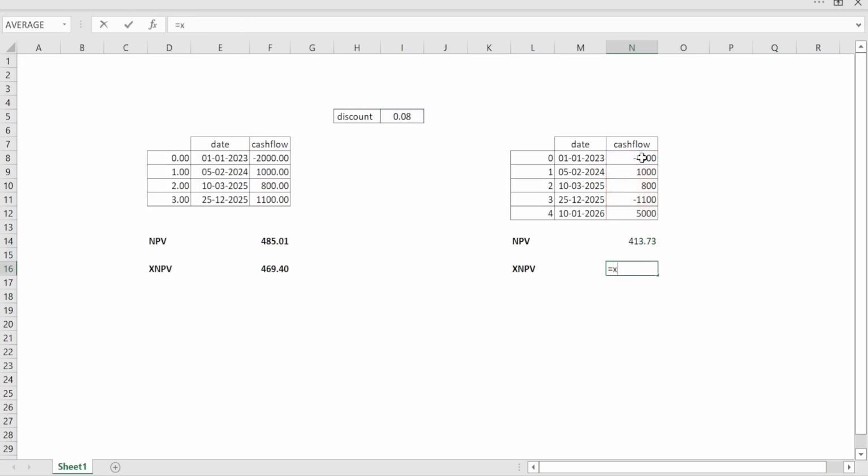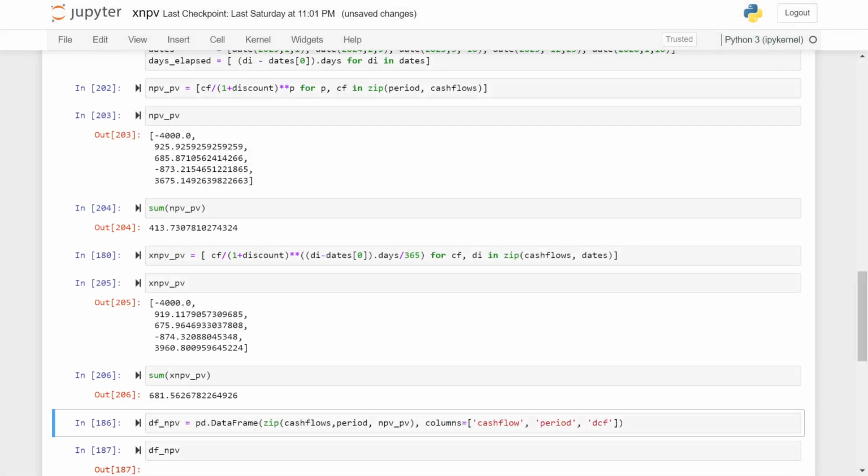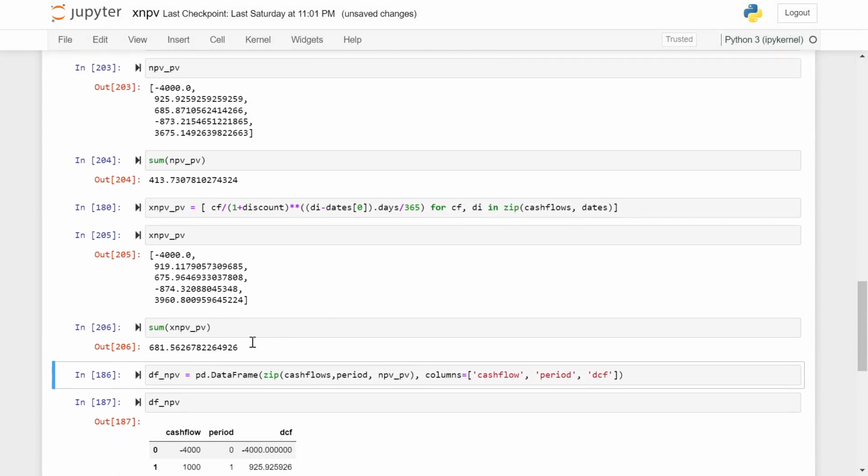Now here XNPV, we'll consider this rate, and then we'll take all the values and then all the dates. 681. Let us go back to the Jupyter Notebook again. So the figures are very much matching: 413 and 681.